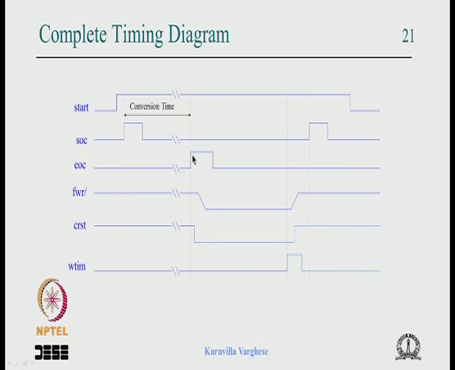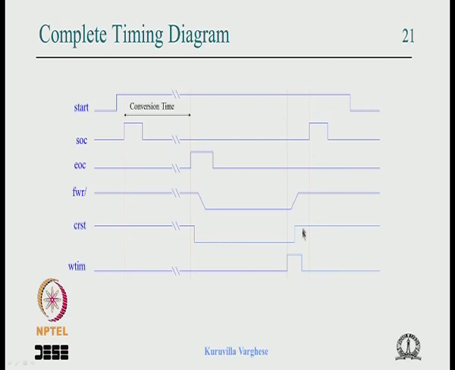When the end of conversion comes high, go to another state, okay, and make FIFO write low and the counter reset low. Now the counter starts counting, so at this state it remains as long as this signal is low. It is waiting for the write time signal to go high, so if it is low remain there, and when it comes high go to the next state and make it 1 and FIFO write is 1.